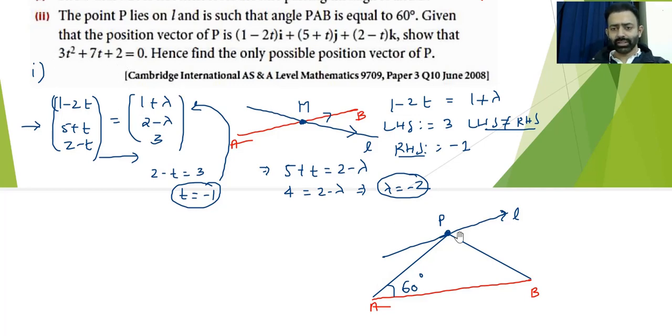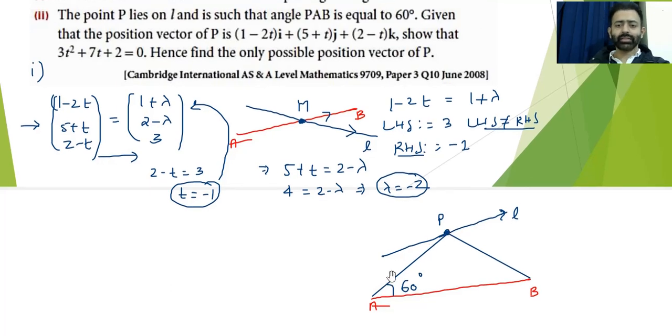Right, so if this condition is satisfied, that P is lying on line L and this angle is 60 degrees, then this condition should hold true.